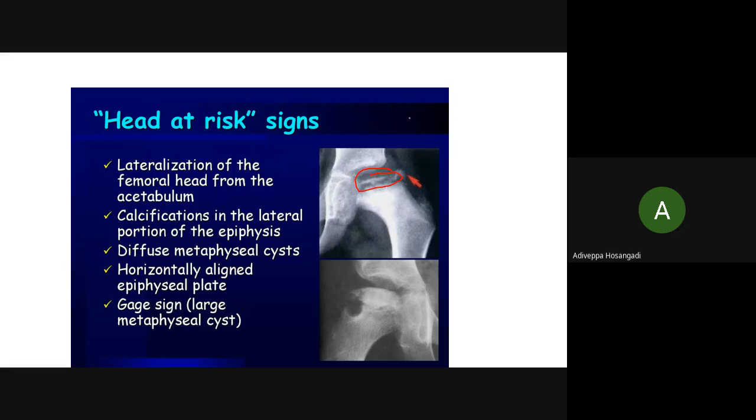This part is cartilaginous. What happens is there is ischemia and this collapses. So the pathophysiology is that once there is avascular necrosis, there is again remodeling and reformation of the capital femoral epiphysis. So there is something called head at risk signs.